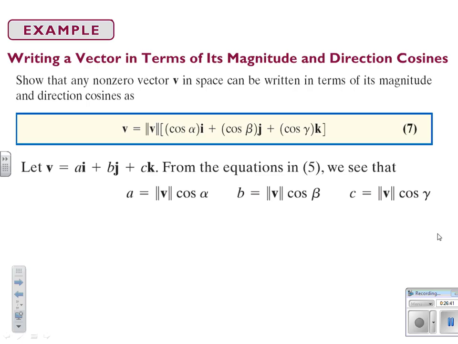Okay, so we're going to let vector v be ai plus bj plus ck. And from each of the equations, the one from before, cosine alpha equals a over the magnitude of v. We get a equals the magnitude of v times cosine alpha. b equals the magnitude of v times cosine of beta. And c equals the magnitude of v times cosine of gamma.